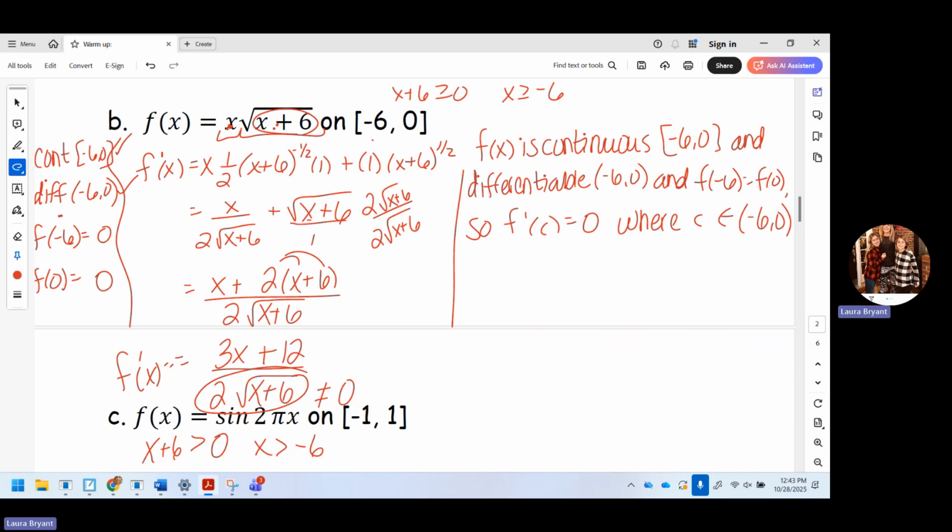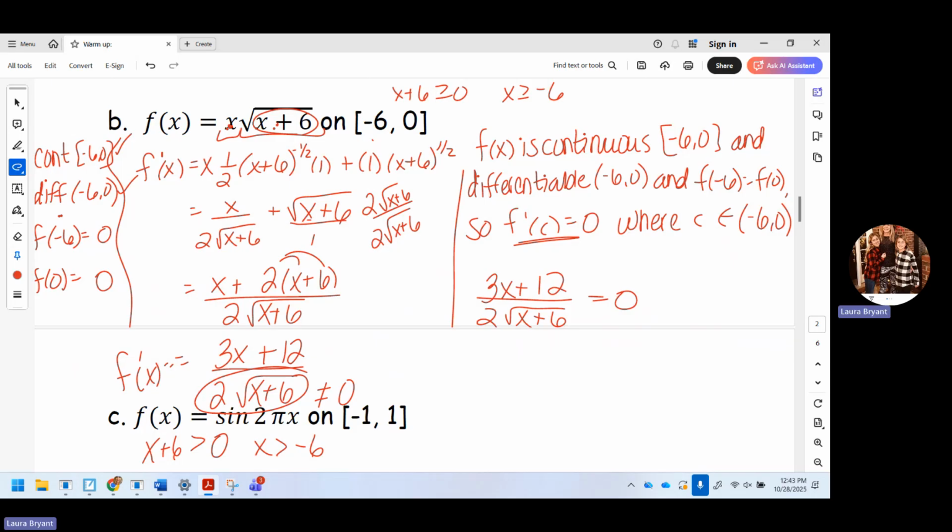So I've got my sentence written, then the last thing I will do is actually solve this part out. I'm going to take the derivative, which I've already done, put that equal to 0 and solve it. And then check to make sure that I just keep the answers that are between -6 and 0.